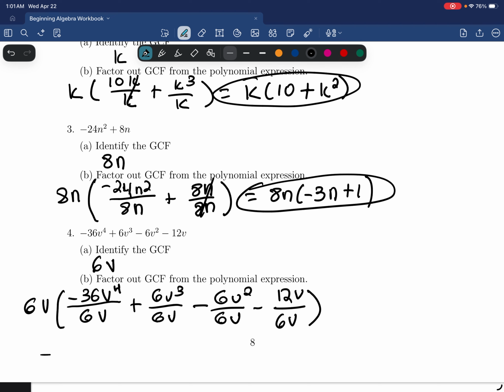Once we simplify all this out, we get 6v times negative 6v cubed plus v squared minus v minus 2. And that's your final answer.